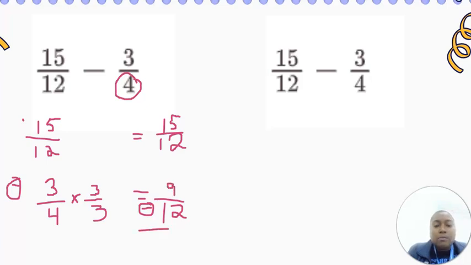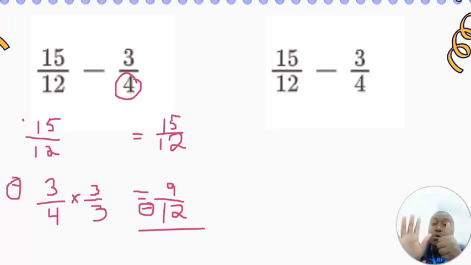And now I'm going to subtract 15 minus 9. So one of the strategies a student taught me, or not taught me, but showed us today, was 15 minus 9. If you start from 15, right? 15, 14, 13, 12, 11, 10, 9.